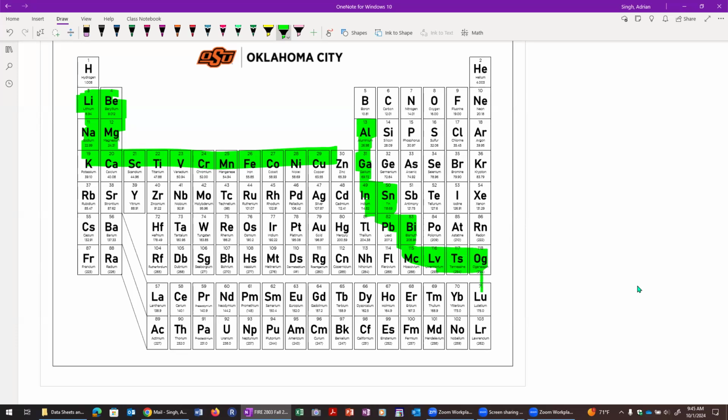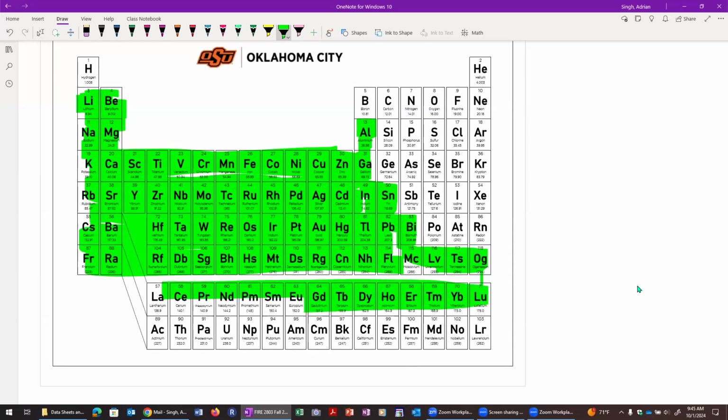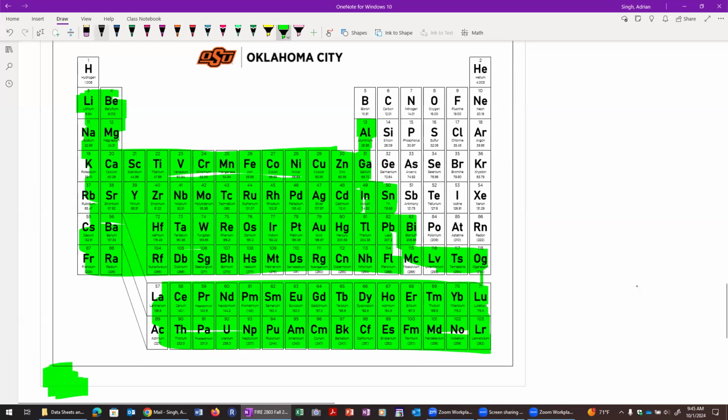All of this. These are all metal. Everything that's green here, the three rows, and then we've got two extra rows below that. We'll get to what these are in a second. The green color region, these are metal.